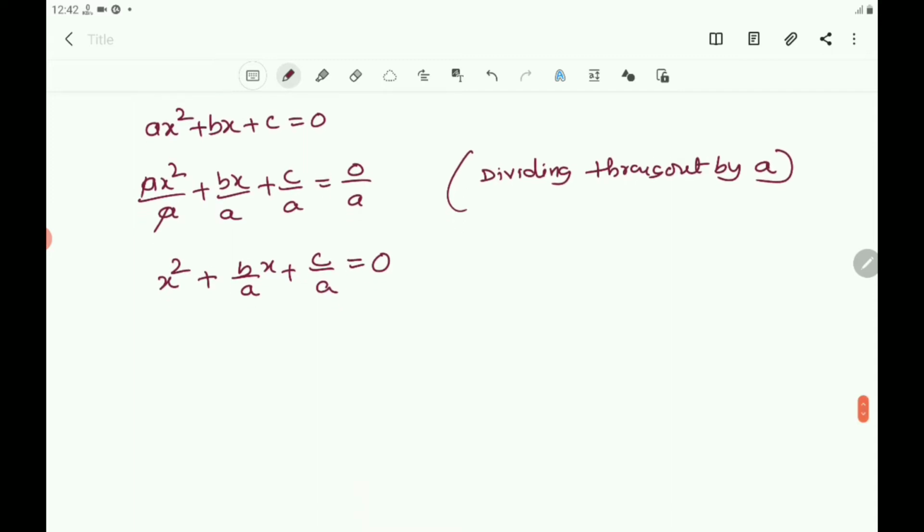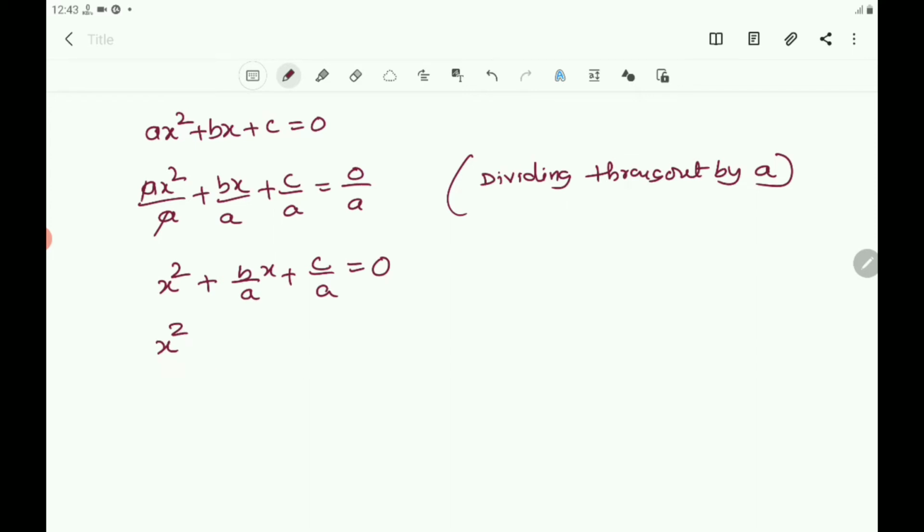Now see these two terms, x square is the first term, whole square. This is 2 into, plus 2ab form we have to get here, 2 into b by 2a into x.